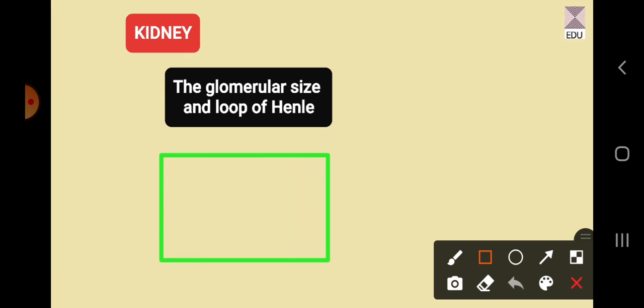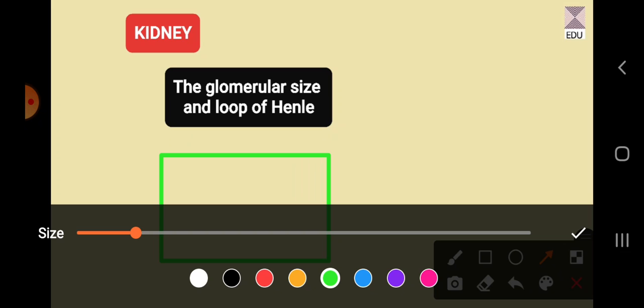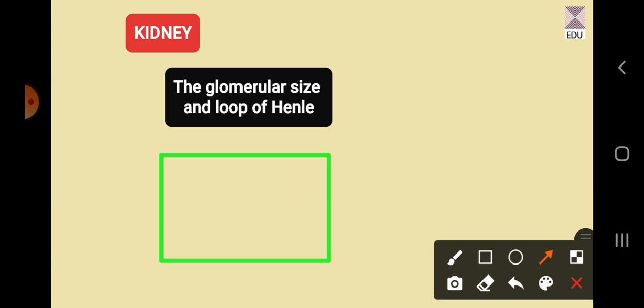Suppose this is the animal living in freshwater environments, the water will be coming towards the inside of this animal.